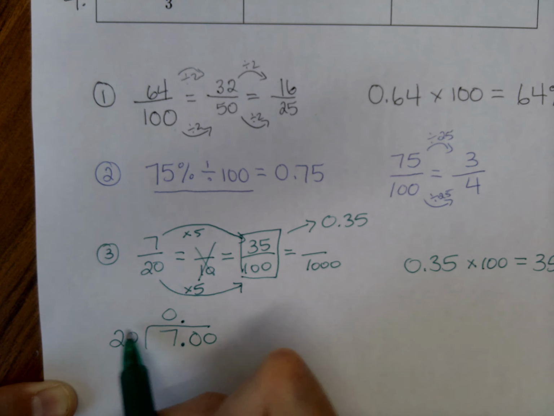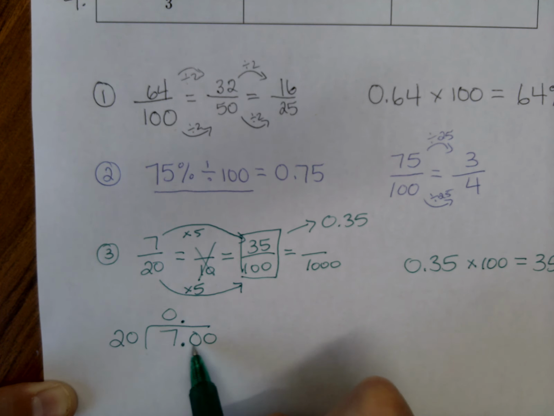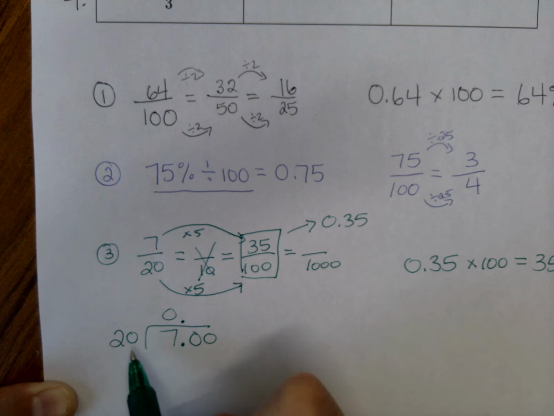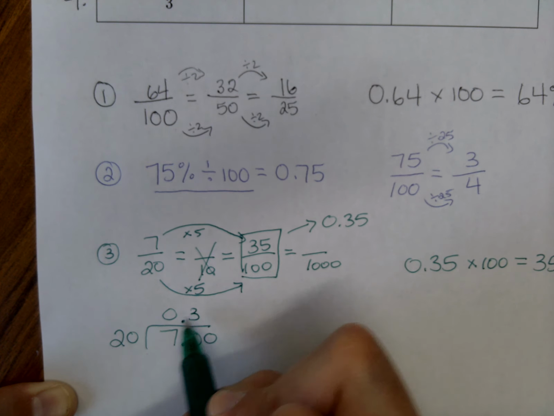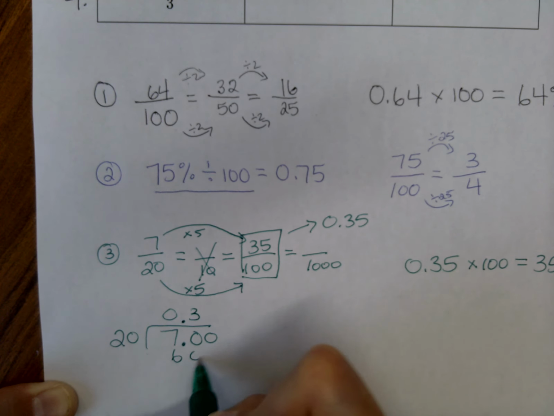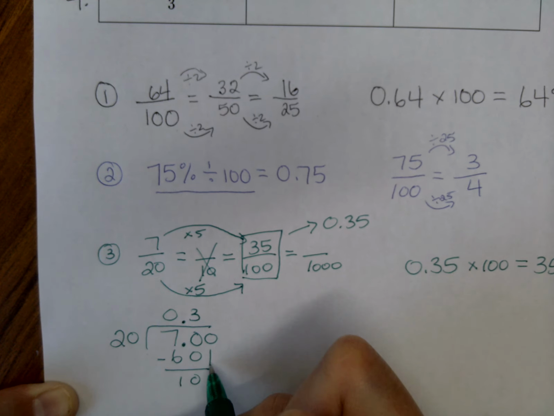So now I can think, how many times does 20 go into 70? Well, if I know my multiplication facts and I know how many times 2 goes into 7, I know that the answer is 3. 3 times 20 is 60. I subtract. I've got 10 left over. I bring down my 0 to have 100.